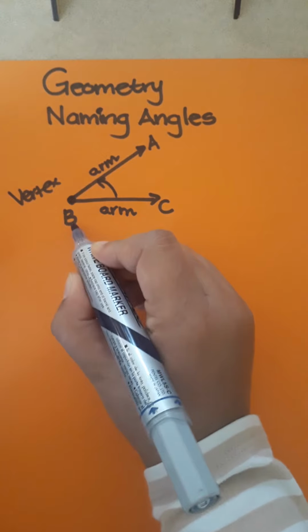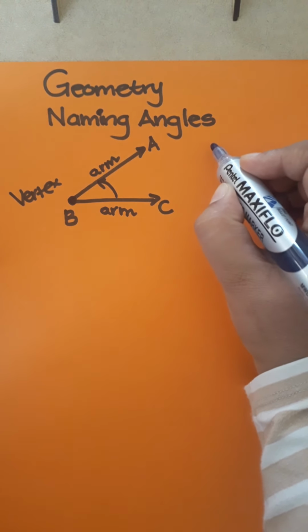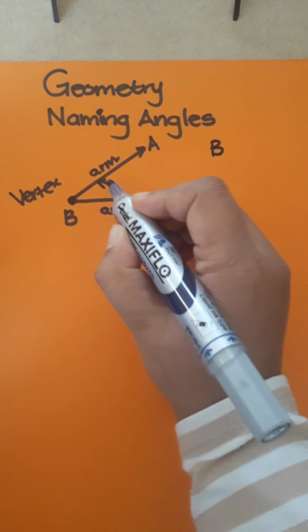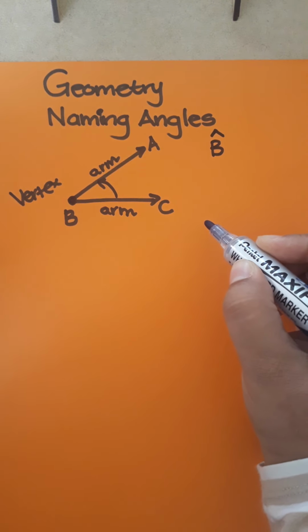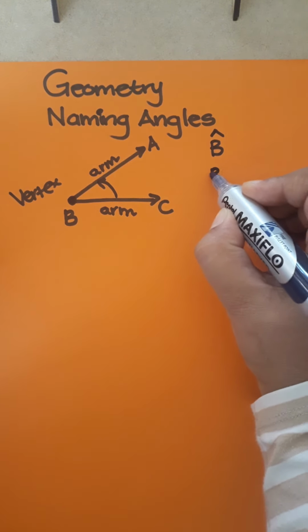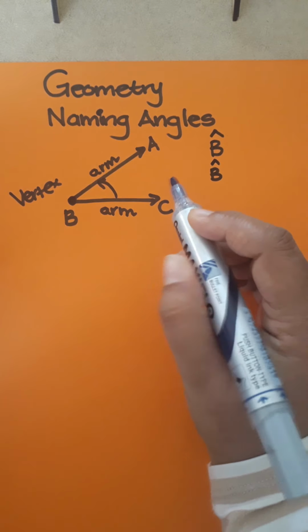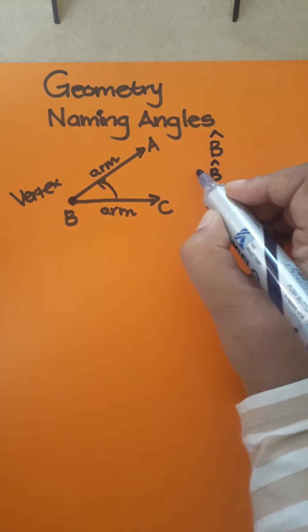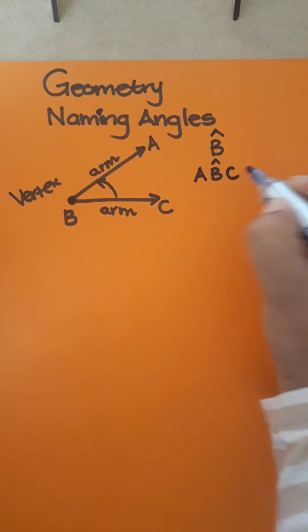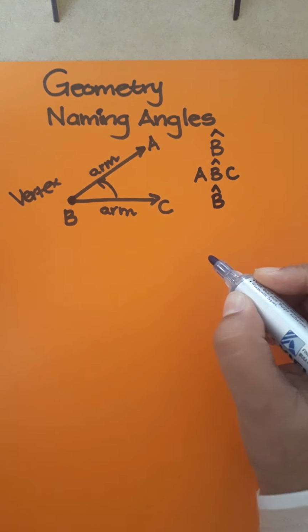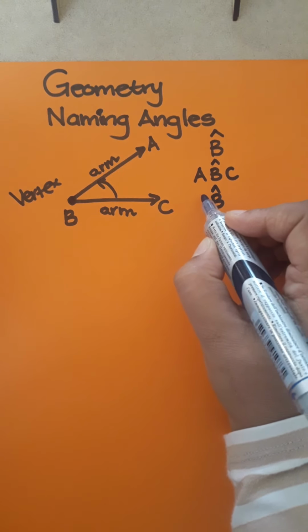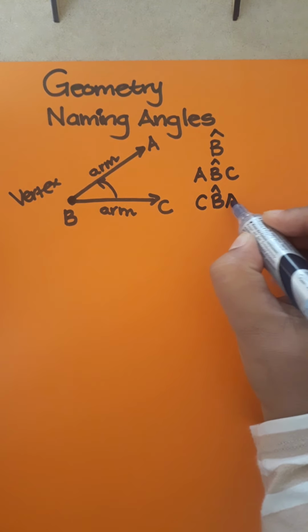It lies there where point B is. So because there's just one angle formed, we can call it angle B, or remember, my vertex angle must be in the middle, and I can use any of the other letters, A, C, or a third way of labeling it could be CBA.